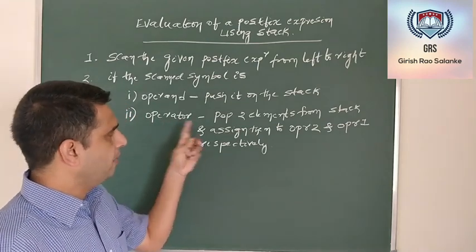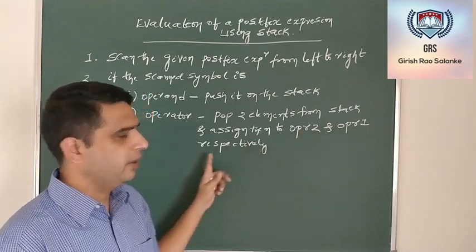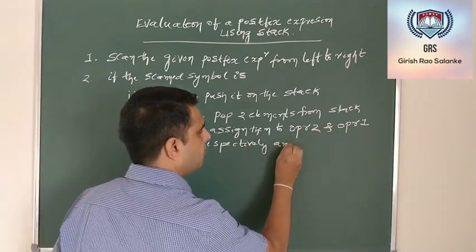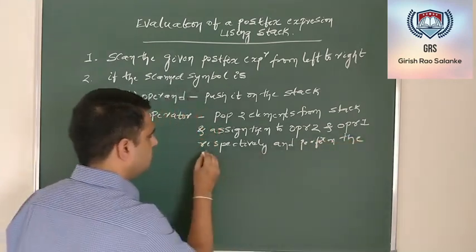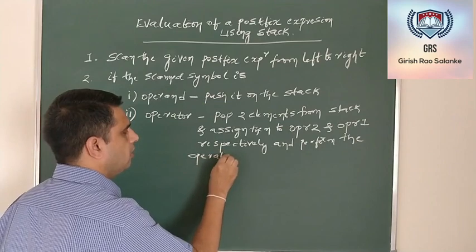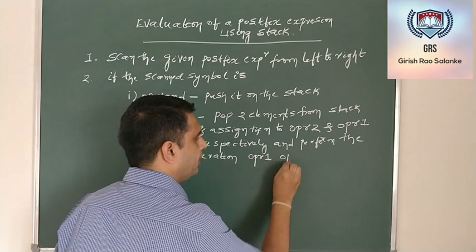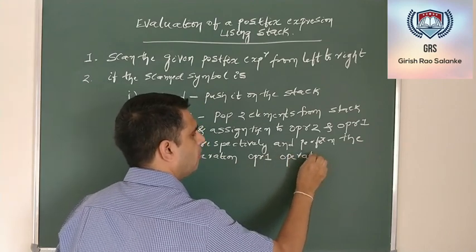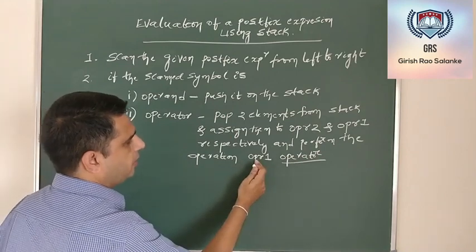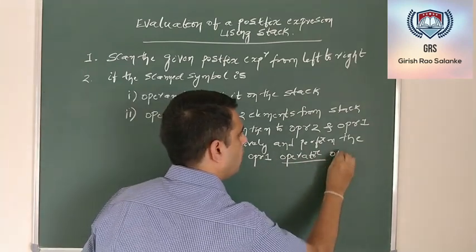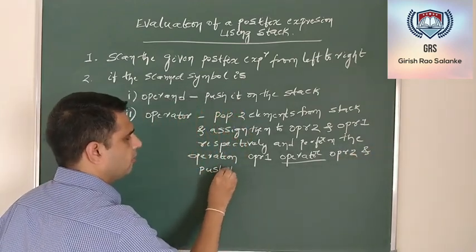If it is an operator, pop two elements from the stack and assign them to operand 2 and operand 1 respectively, and perform the operation: operand 1, operator, operand 2, and push the result onto the stack.